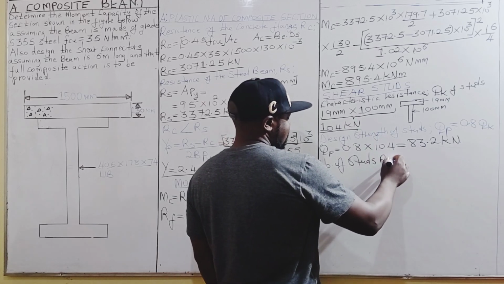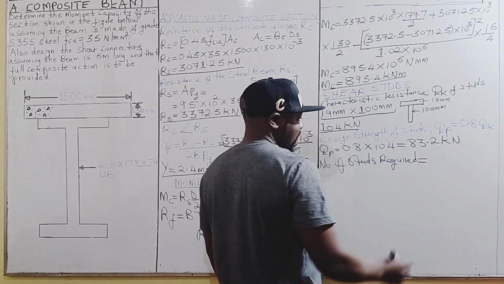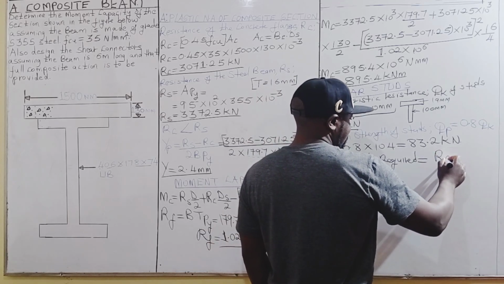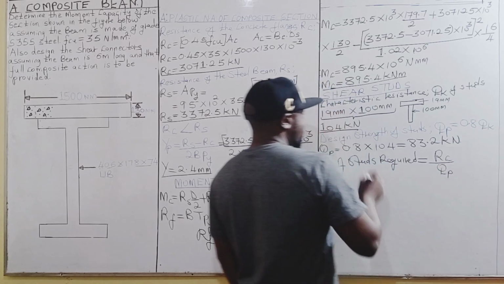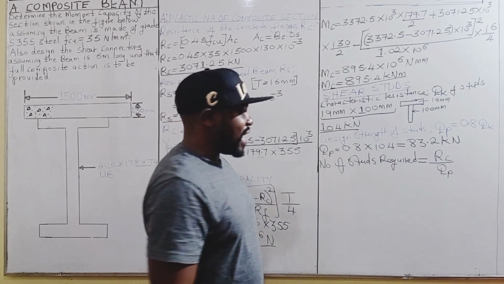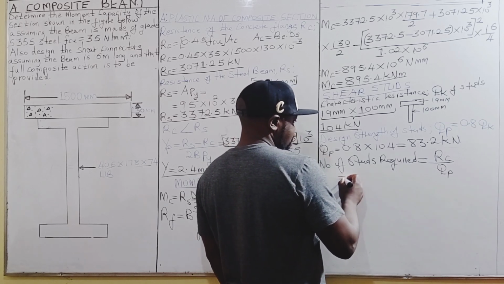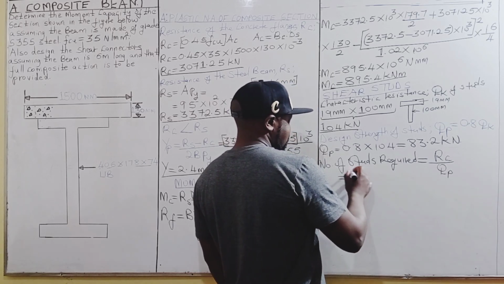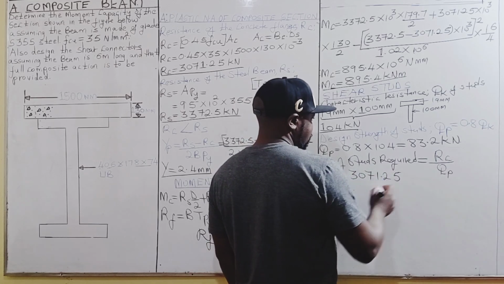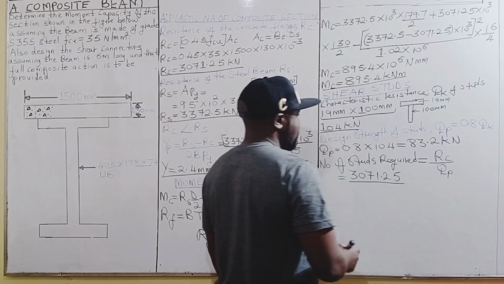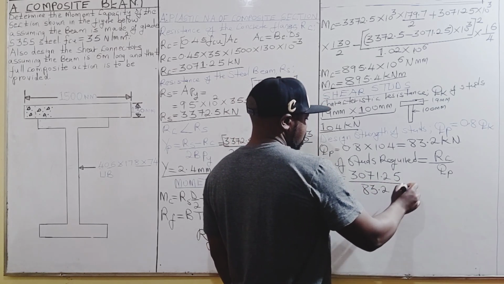From that, the number of studs that are required in this case will be given by the resistance of the concrete flange divided by QP, which is the design strength of the studs. And in this case, the number of studs will be equal to RC, 3071.25 kilonewtons, divided by QP, which is 83.2 kilonewtons.